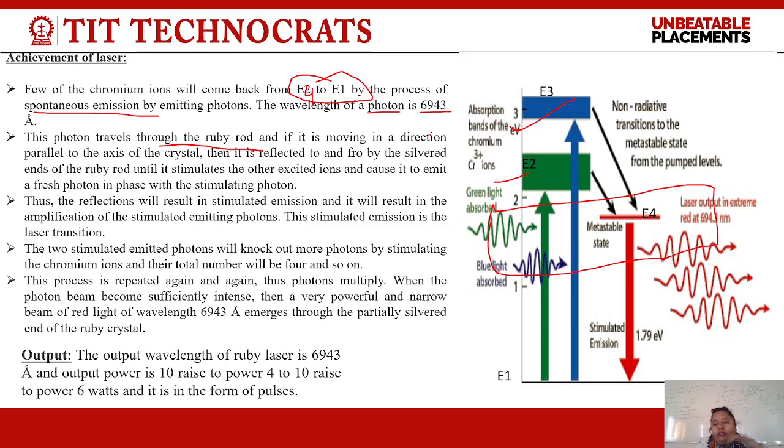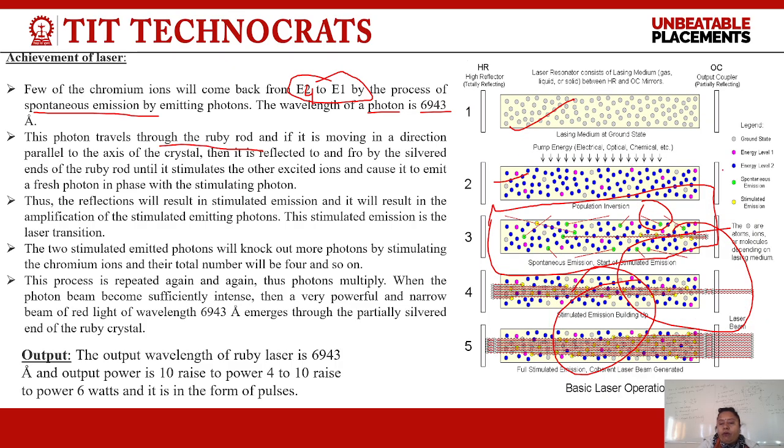So one photon is generated by the sudden emission, but the other photons are generated due to the stimulation by this first photon. So the chromium ions come from the E4 energy state to the E1 energy state through stimulated emission, and whenever photons come through stimulated emission, you know that all the photons have the same energy and the same frequency. In this way we can get very dense photons.